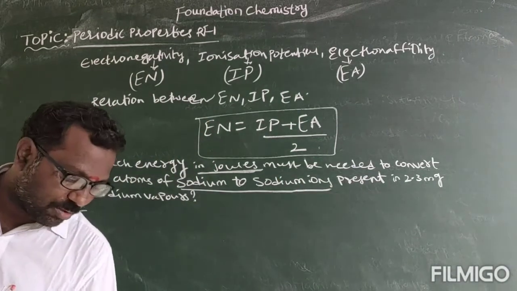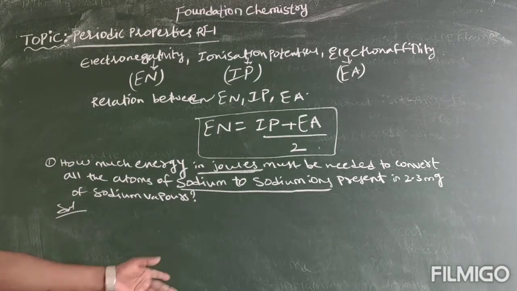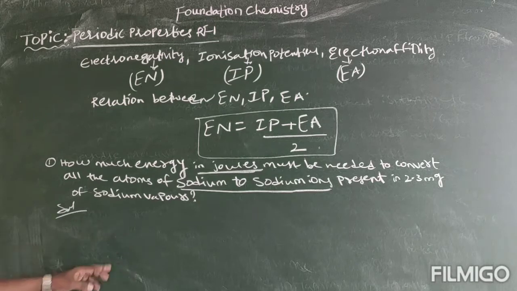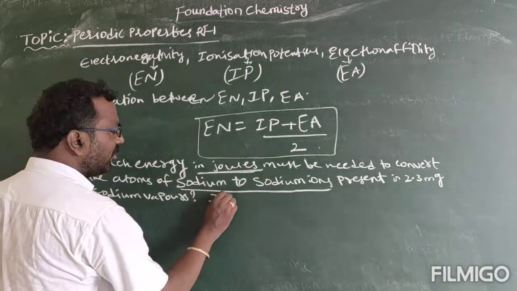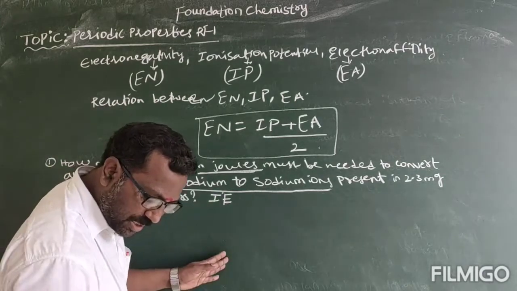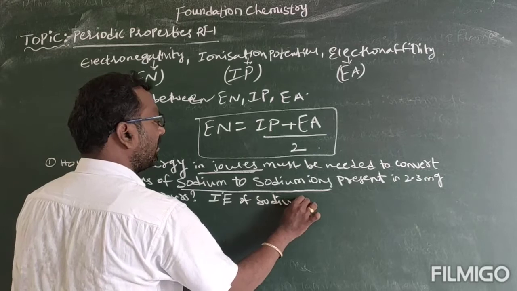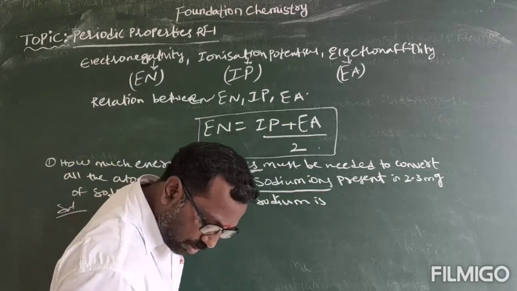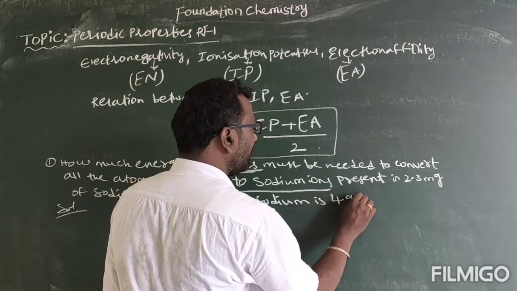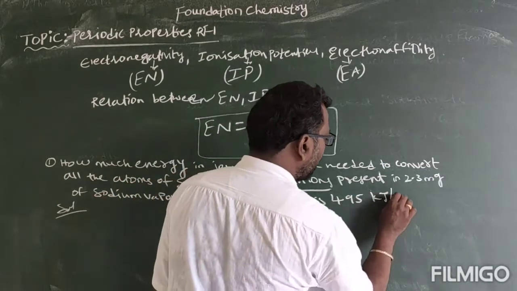See, conversion of sodium to sodium ions means you should know the ionization energy. So here in the question they will give the ionization energy of sodium is 495 kilojoule per mole.